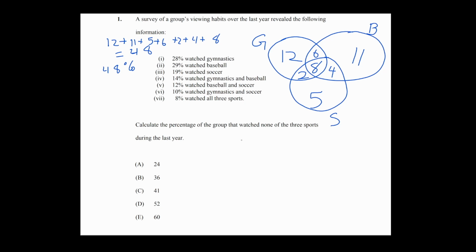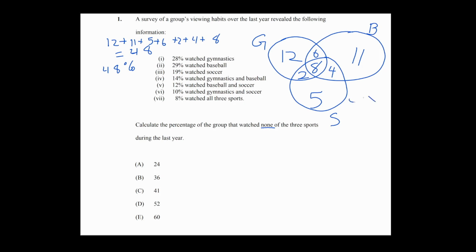But we're not finished because we want to calculate the percentage that watched none of the three sports. So we know that the 48% is going to be people who watched any of the three sports. So we want to know the percentage of people who have watched none of these three sports.